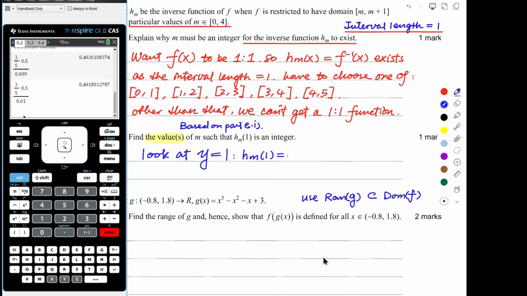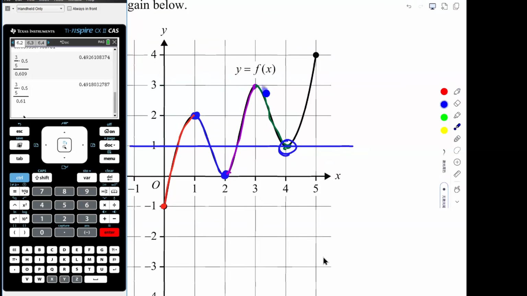But the question wanted m values. So what does it mean by m value? The left endpoint of the domain restriction. So this point can either lie on this green part or on this black part.